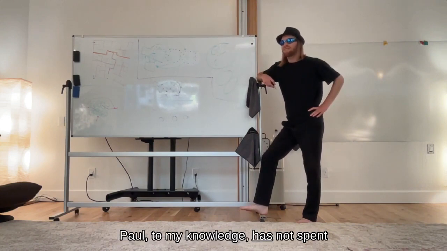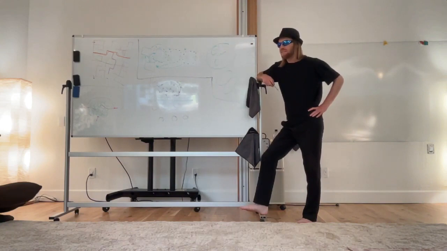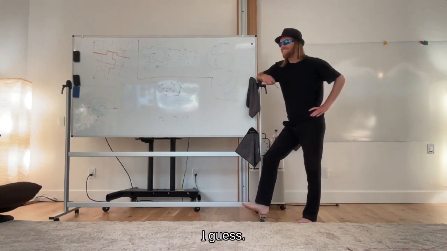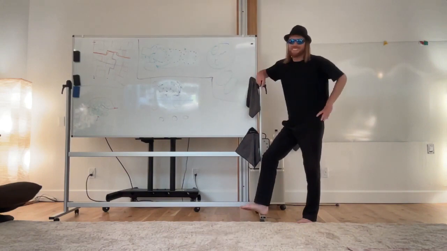Paul, to my knowledge, has not spent significant time outside of academia or academia adjacent labs. Eliezer has not spent significant time outside of the internet, I guess. Yeah, the internet and MIRI. And MIRI, I guess, I don't know, kind of an extension of the internet. Yeah.